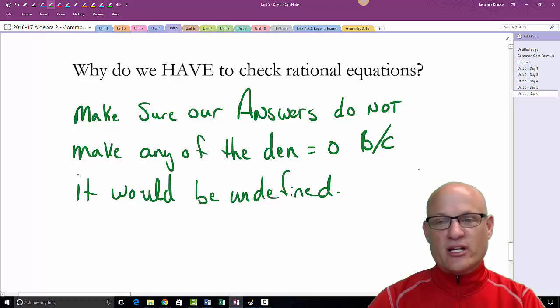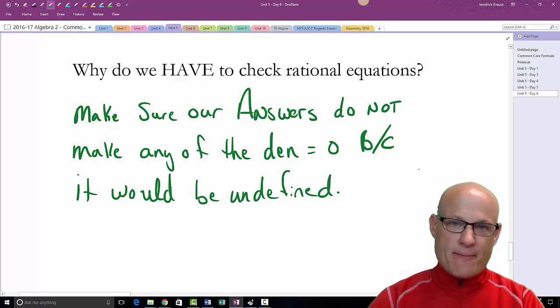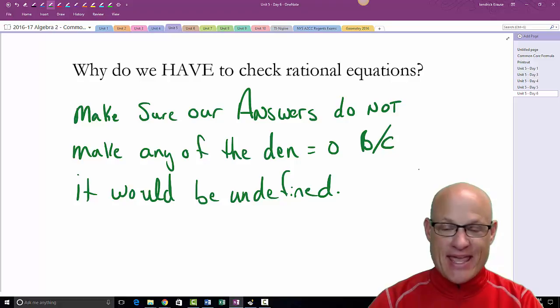Now, I am sure that you people can come up with a better way, but really that's all I want you to get at. We want to make sure that the answers that we come up with don't make any of the original fractions undefined, because they can't be solutions.